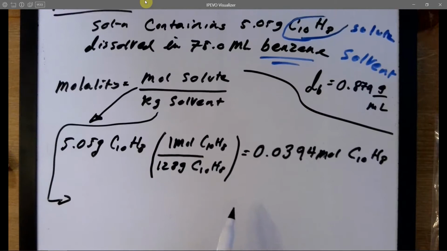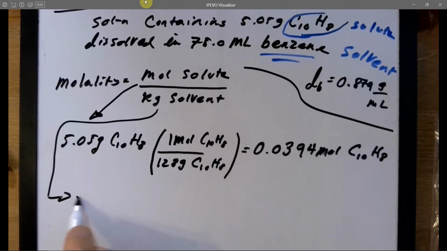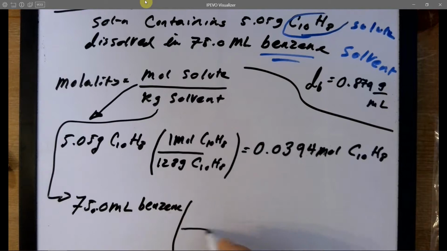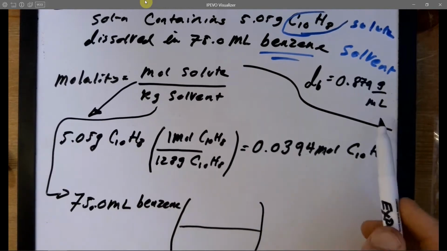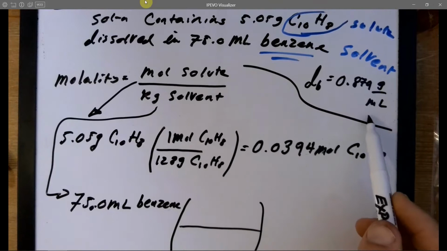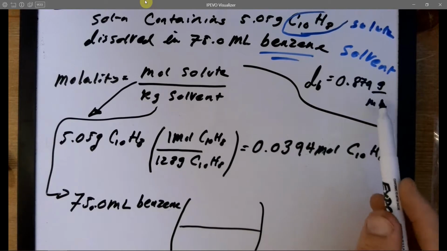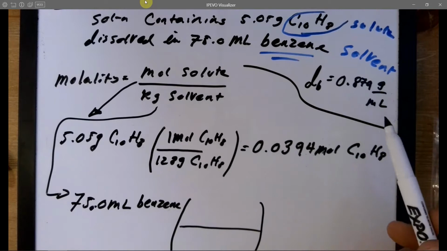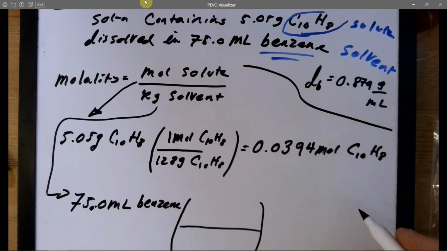Okay, now I need my kilograms of solvent. Well, what do I have for solvent? I have that it's 75 milliliters. How the heck would I get to kilograms of solvent? Well, let's just do some dimensional analysis as we've been doing. So I need to go from milliliters to kilograms if I can. Well, I give you the density of benzene here in milliliters and grams. Cool, so I can convert from milliliters to grams, and then I can go from grams to kilograms quite easily.